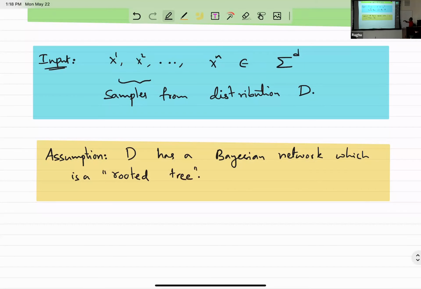The rooted part is not exactly necessary, but it makes things simpler to handle. So let's just do that.